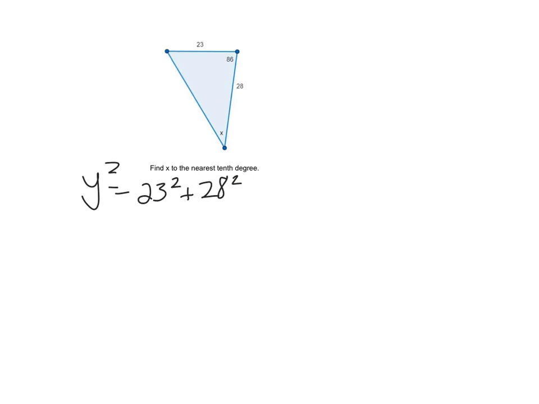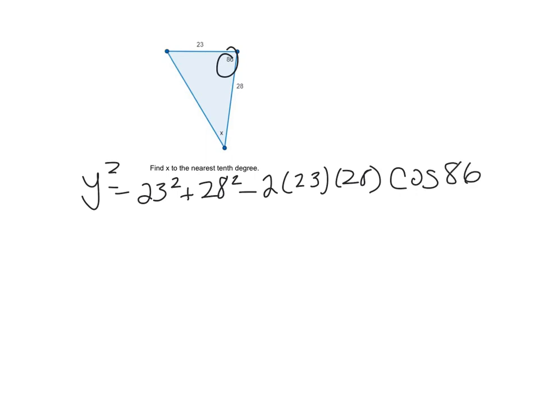Right now I have the Pythagorean theorem, but it's not a right triangle, so I have to keep going. Then I'm going to say minus 2 times 23 times 28, and then I want to use the cosine of the angle. And again, remember, these guys go together when I do this.